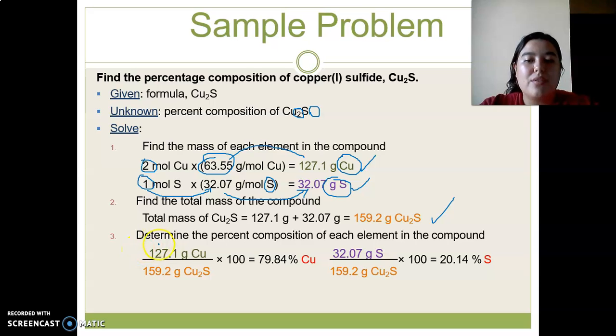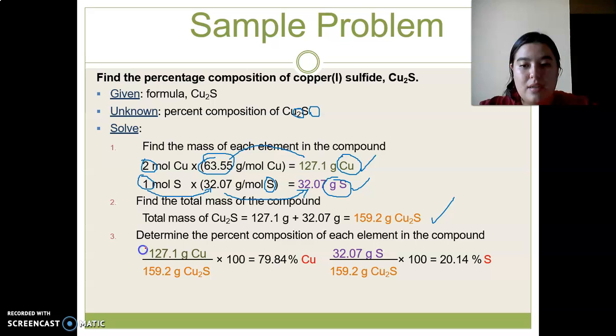And number three, we have to determine the percent composition of each element in the compound. Okay, first we are going to determine the percent composition for copper. So how can we do it? We have to copy the mass for copper, so we have 127.1 g copper, and then we have to divide by total mass. In this case it is 159.2 g copper sub 2 sulfide.